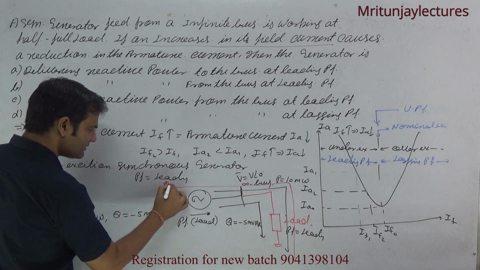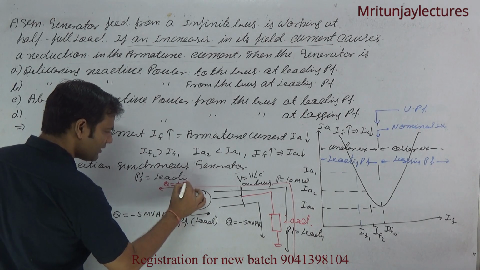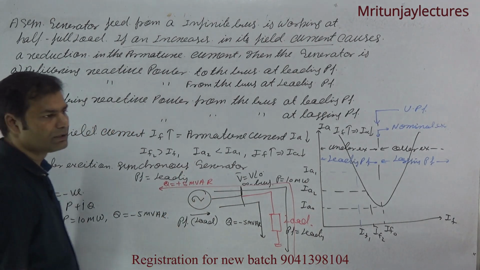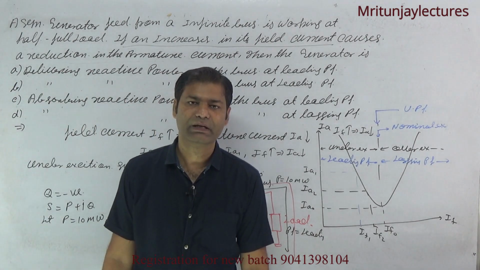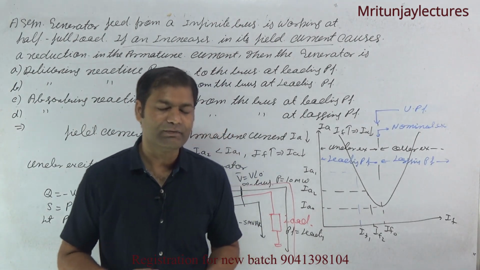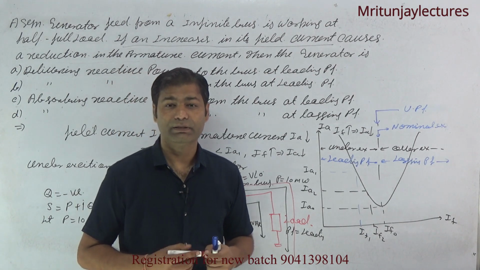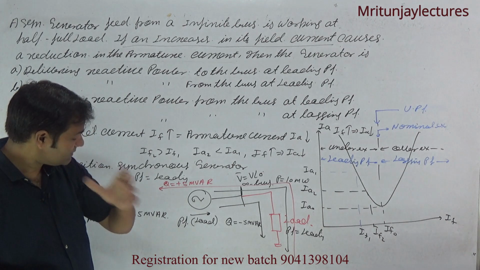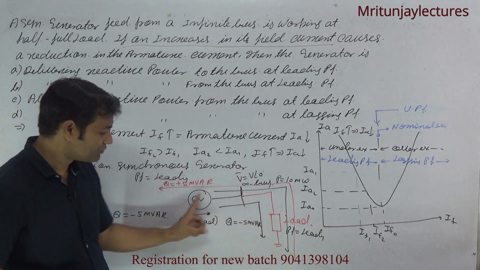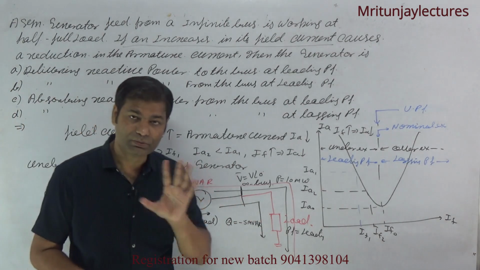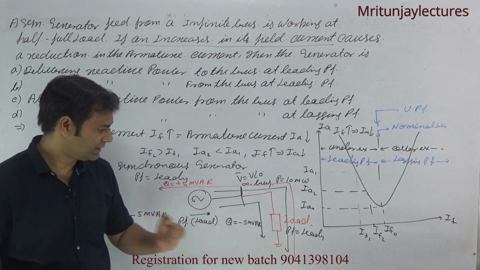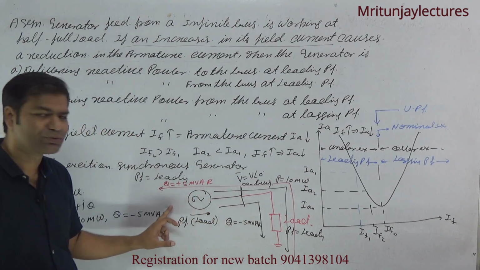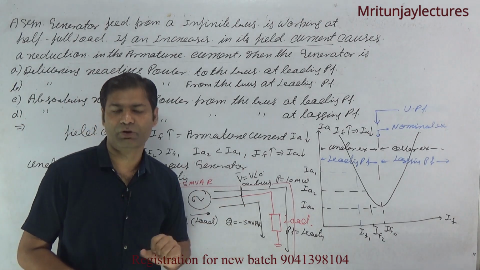Q is written as plus 5 MVAR. Clear? What about direction? The direction of Q is from the load to the synchronous generator, or you can say from the infinite bus to the synchronous generator at a leading power factor.